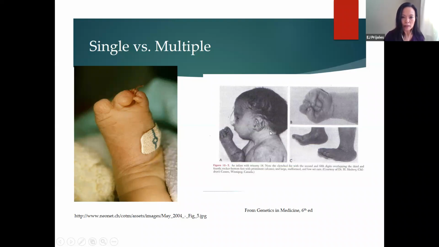And then in terms of multiple with different chromosomal abnormalities, you might see certain limb defects, as well as identification of internal abnormalities involving the head, heart, or abdomen.